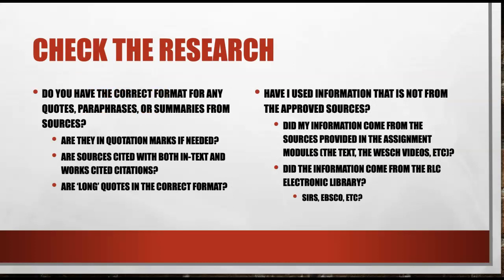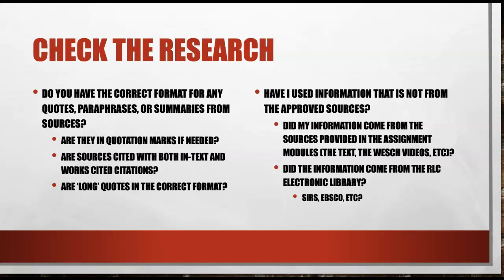Also, of course, in any research essay, check the research. So look at your format for things like quotes, paraphrases, summaries. Are they in quotation marks if they need to be in quotation marks? Have you cited those sources with in-text citation?